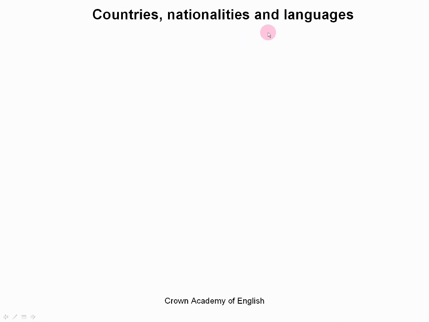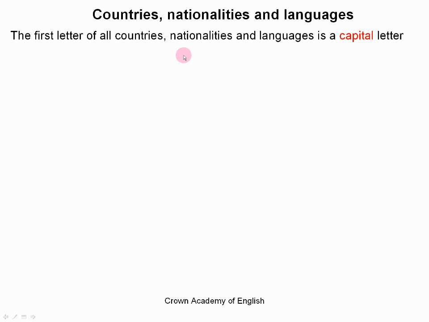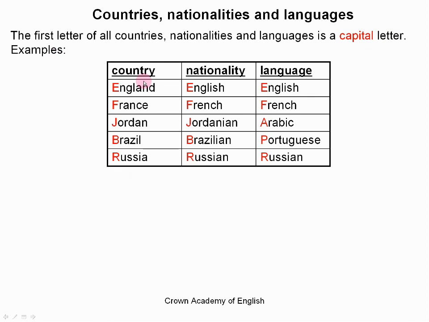Countries, nationalities and languages. And again here, the first letter of all countries, nationalities and languages is a capital letter. Here are some examples. So this column is the country, here is the nationality, and here is the language.